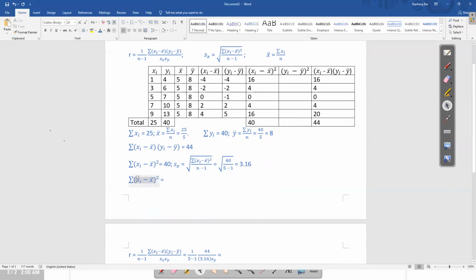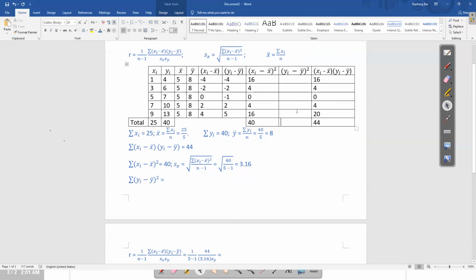So if you change all the x's into y, then we should be able to find standard deviation of y, right? And yi minus y bar square, we can make a column of that. The column total will be that summation, right? So this column total will match with this summation.